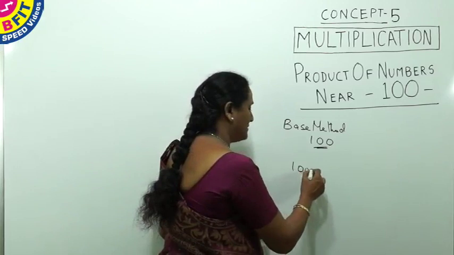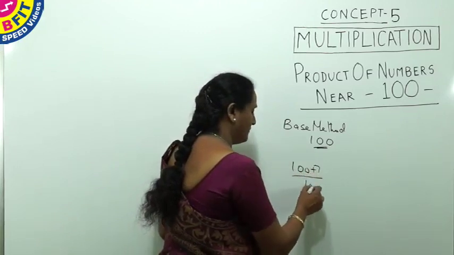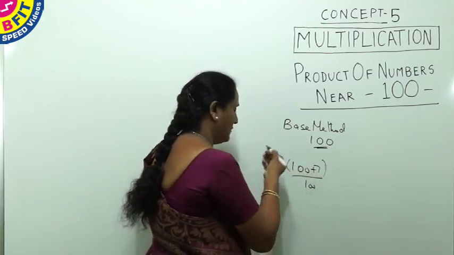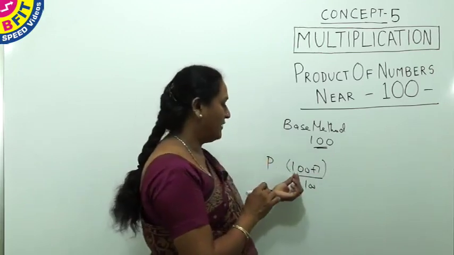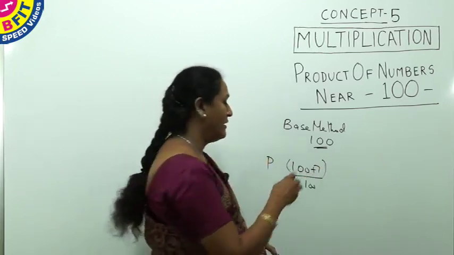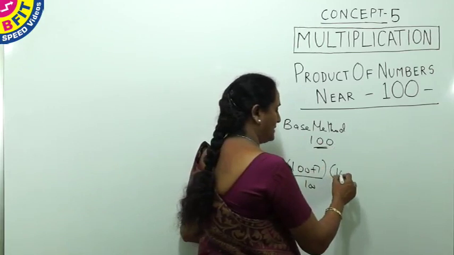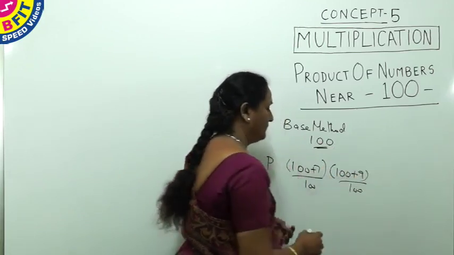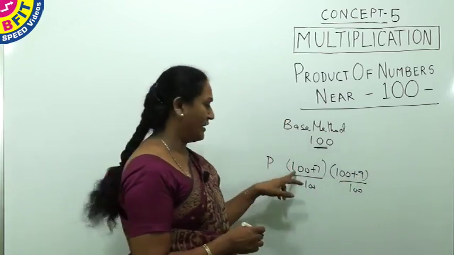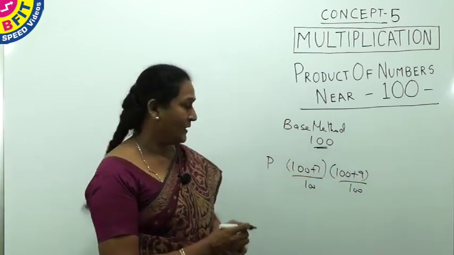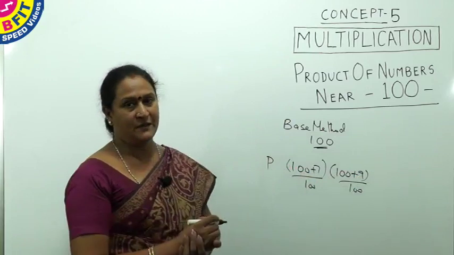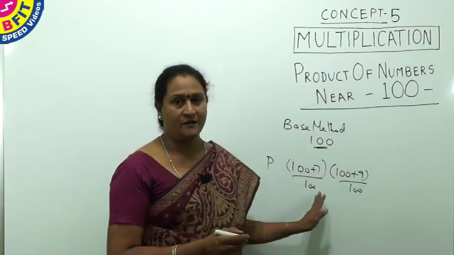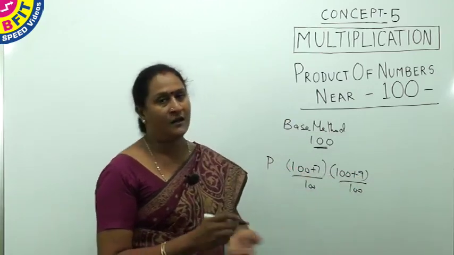We'll add 7 with 100 by 100. The initial principal will be multiplied with 107 by 100, and if in the next year it is 9%, then 109 by 100. We can easily find the product of 107 and 109, multiply that with the principal, and then divide by 100 twice, or 10,000.